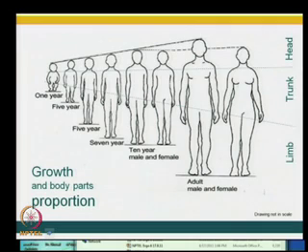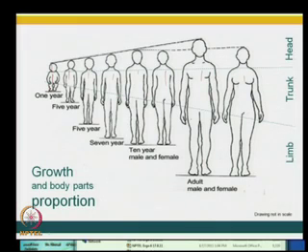Now, if we see the growth pattern, on the left-hand corner is the 1 year boy, and if we see the total head, trunk and other limbs, and then the growth pattern at 5 years, and then 7 years, then 10 years male and female and adult male and female, there we can see that the head structures, head sizes, the proportion it follows, the trunk sizes, the proportion are not the same and the limbs are also not the same.